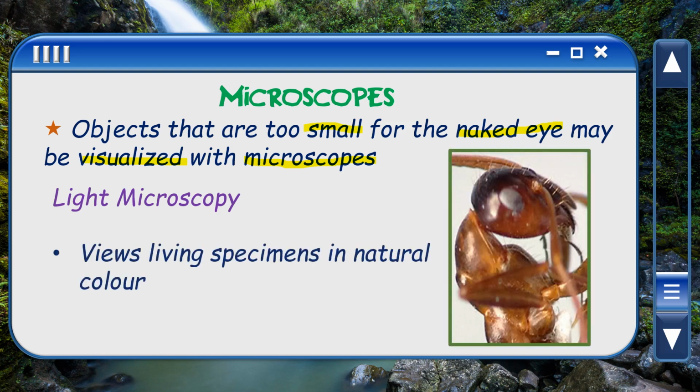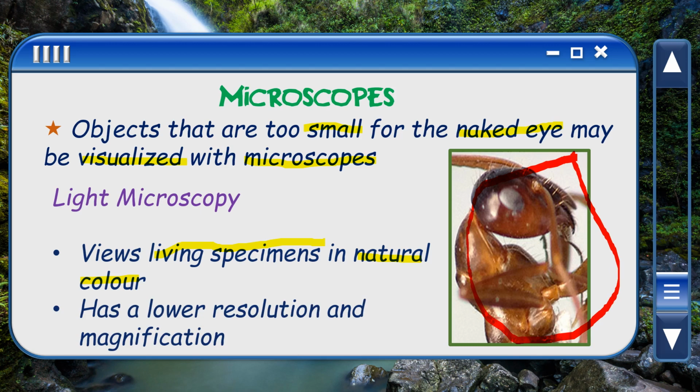The light microscope views living specimens, and these specimens are seen in their natural color, the way they appear. For example, this insect is in its natural color, so if we want to see it in its natural color, we use a light microscope.